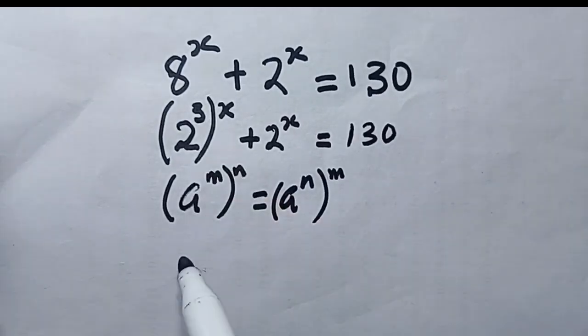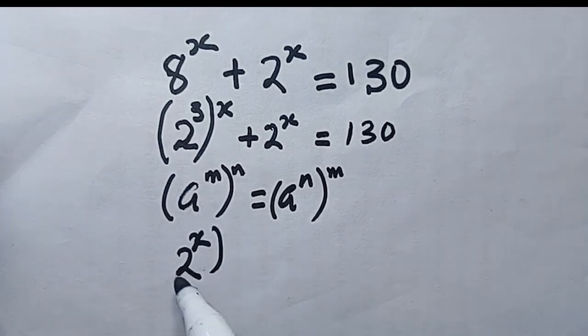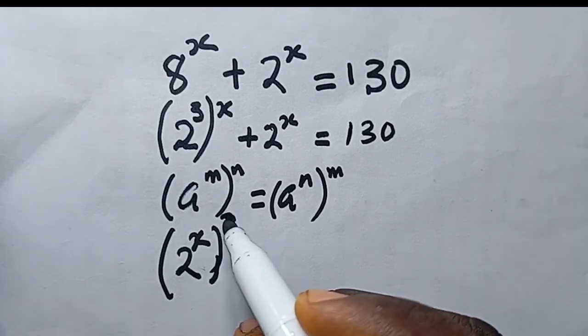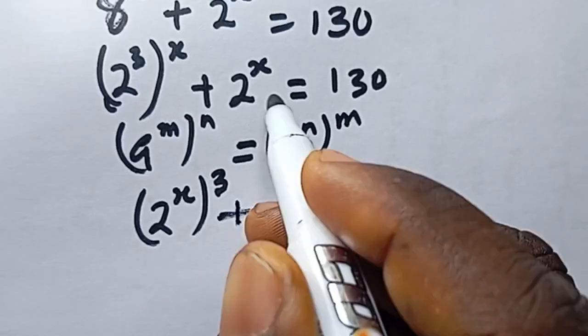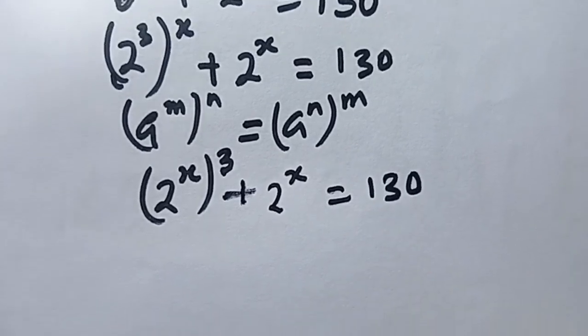So I can apply that here to have (2^x)^3 + 2^x = 130.